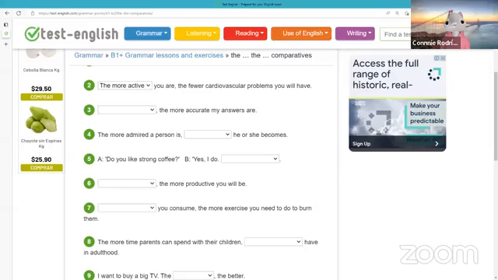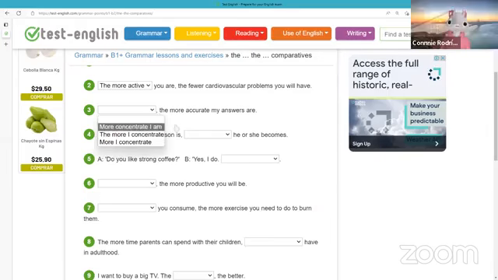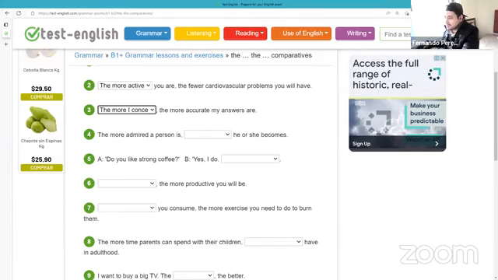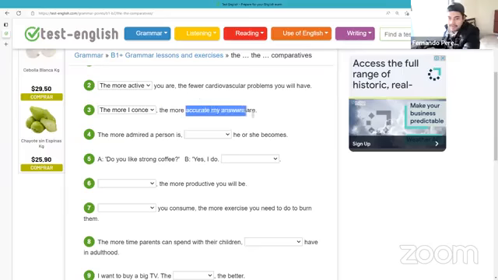The more. Can I see the answers? Okay, yes. The more I concentrate. Exactly. So I want you to try to build an option before you see the answers, because you need to get aware of the order of words. In this case, it's the more, and then you have person, verb, complement.